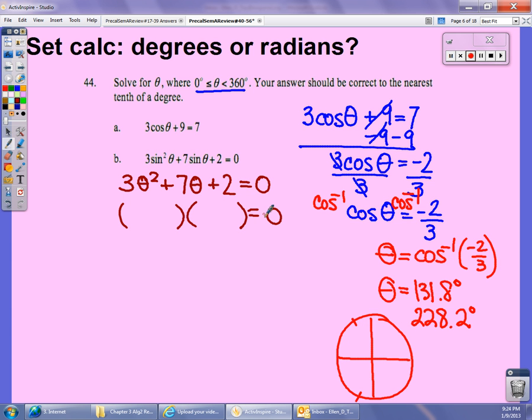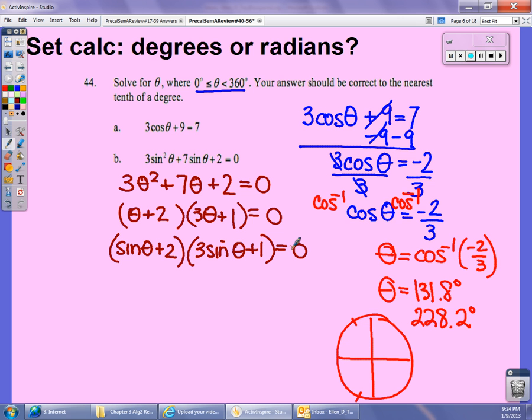To factor, we get theta plus 2 times 3 theta plus 1. Now that we've factored, we can put the sine back in. Sine of theta plus 2 times 3 sine theta plus 1.